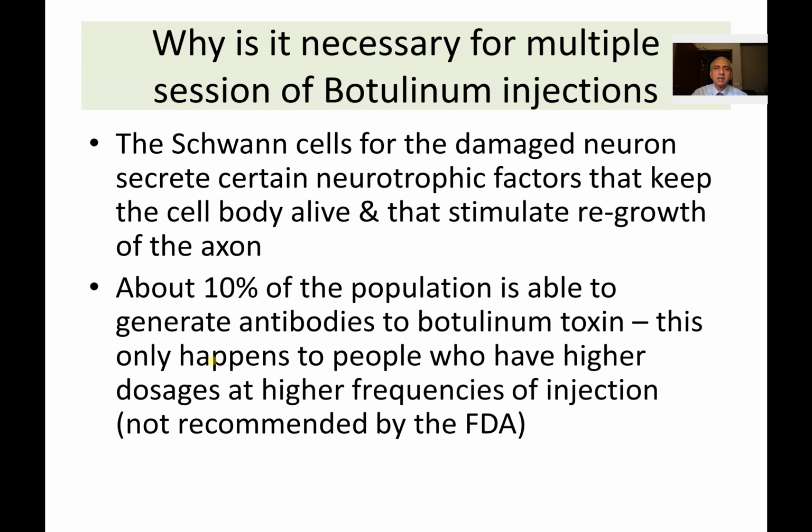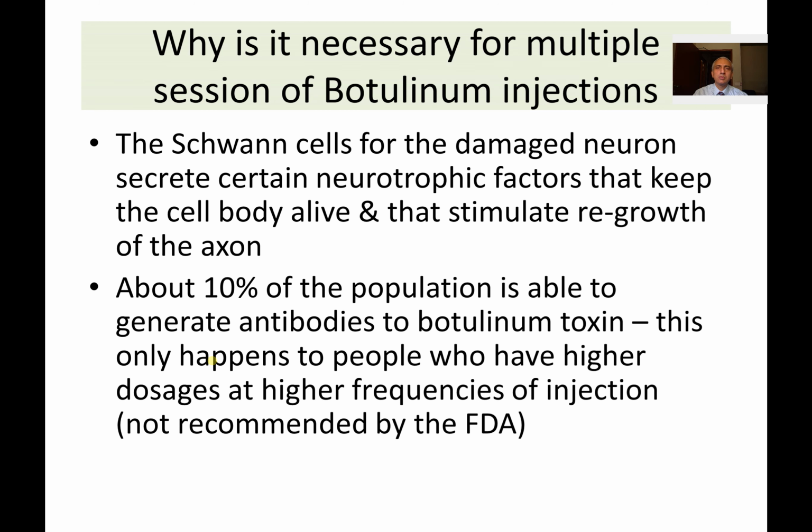So why is it necessary to repeat injections of botulinum toxin? The Schwann cells of the damaged neurons secrete certain neurotrophic factors that keep the cell body alive and that stimulate regrowth of the axon. About 10% of the population is able to generate antibodies to botulinum toxin, and this only happens to people who have higher dosages and higher frequencies of injection.